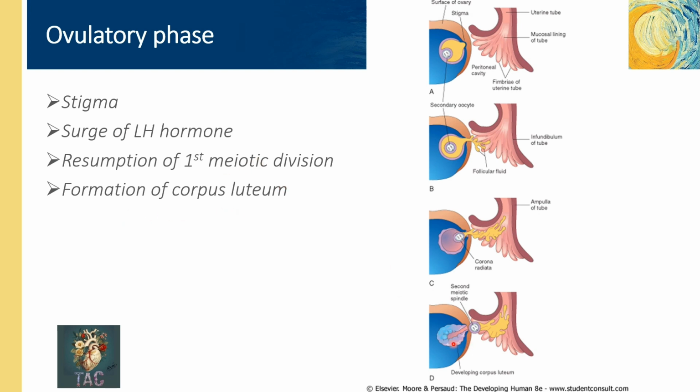In the corpus luteum, the cells accumulate, they become secretory in nature, and then they start to secrete progesterone in addition to the estrogen as well. Also, as the secondary oocyte is extruded from the ovary, the surrounding cumulus oophorus cells organize themselves around the secondary oocyte, and they form the corona radiata.